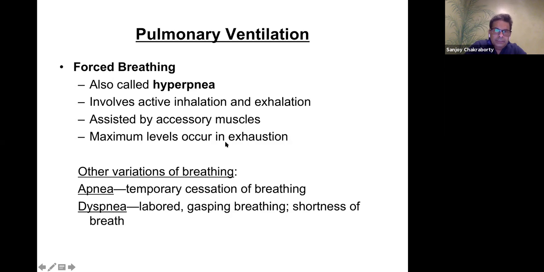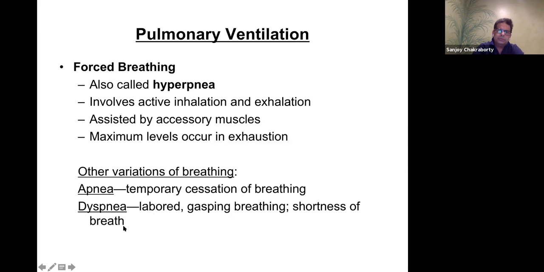When your breathing pattern goes to that level, like maximum levels occurring in exhaustion, that's called forced breathing. So depending on which muscle is active, inhalation and exhalation both passive, both active, or one passive and one active, we have two groups.